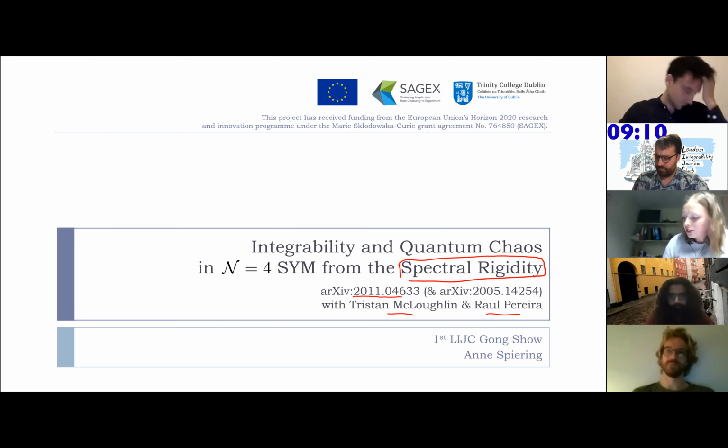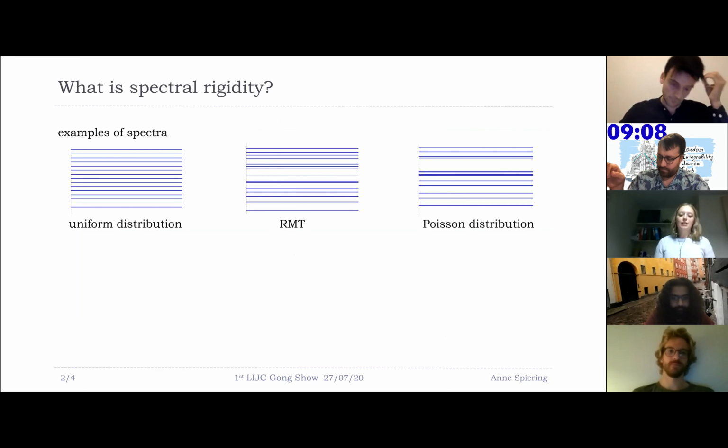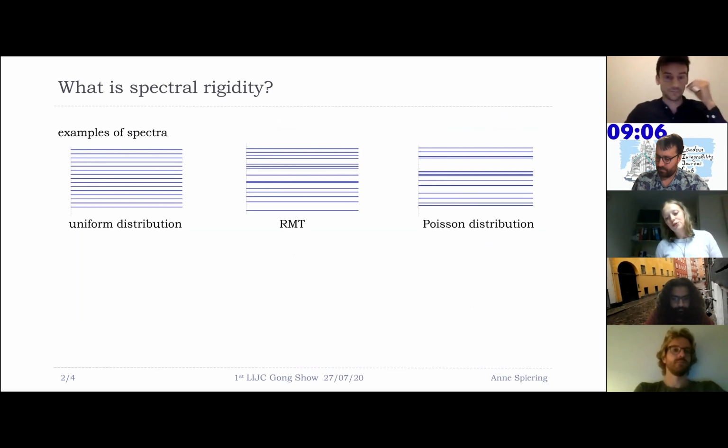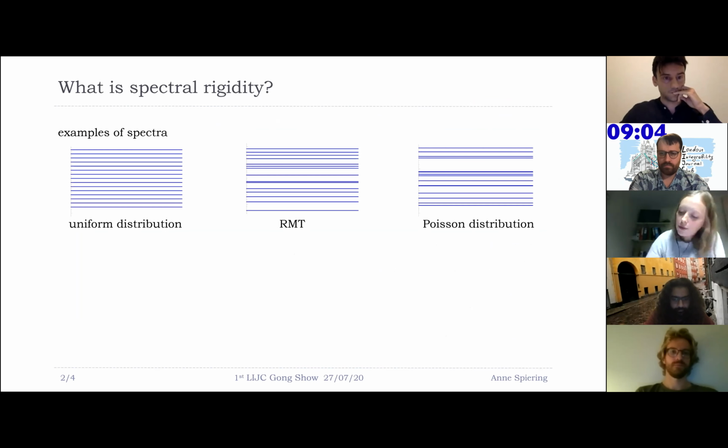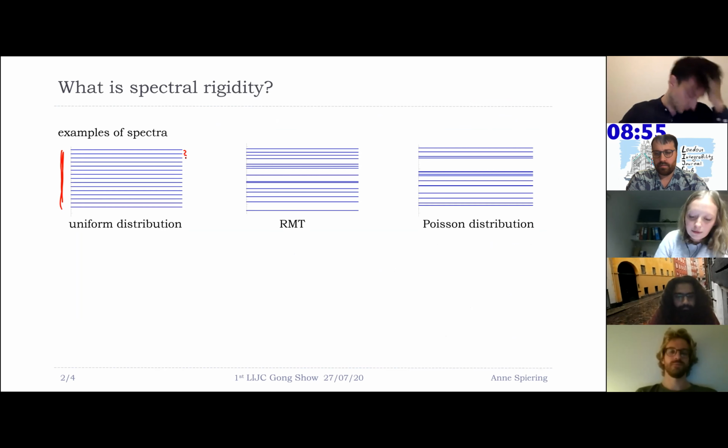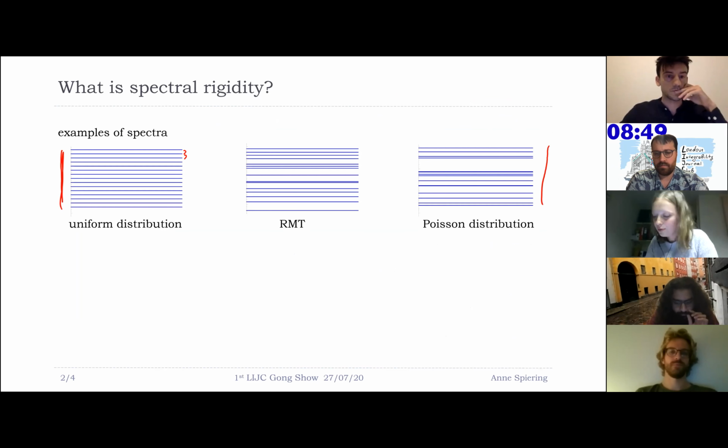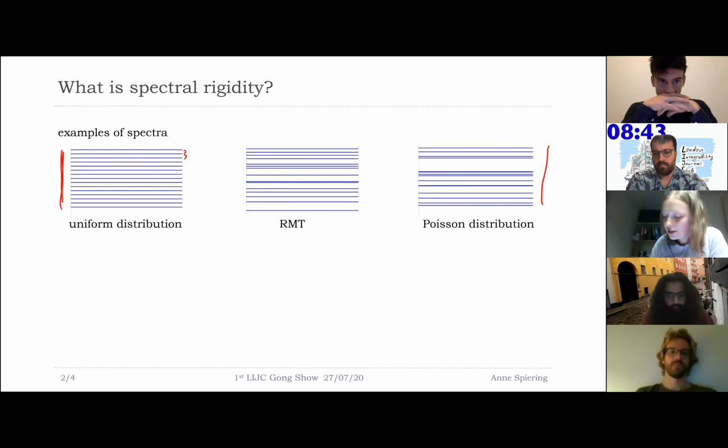So let me start with trying to give you an intuition for what the spectral rigidity is. I have three spectra here. The first one is just the spectrum of the quantum harmonic oscillator. The energy levels are evenly distributed. The last one is a spectrum that I generated randomly, just randomly generated numbers in a certain interval, and I'll refer to this as the Poisson distribution.